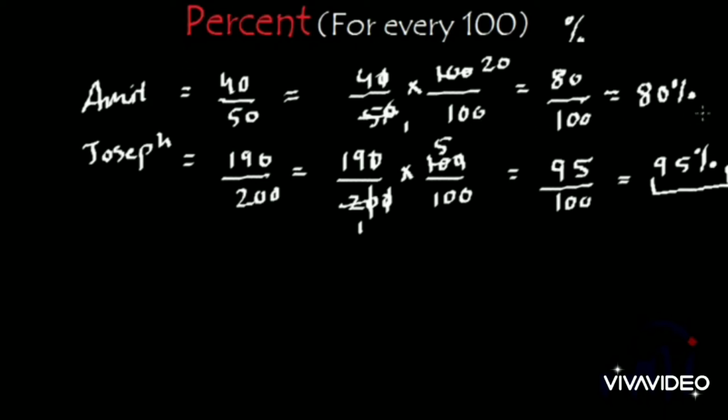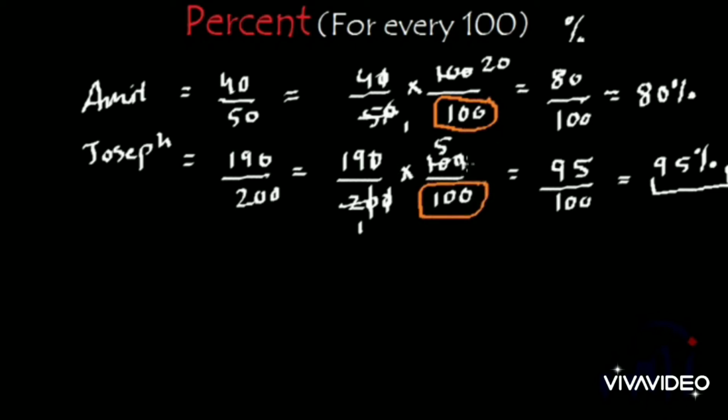So now we have got that if we need to convert any fraction into a percentage, we simply need to multiply and divide the fraction by 100. But we can see that I haven't touched the 100 in the denominator in Amit's portion and also in Joseph's.